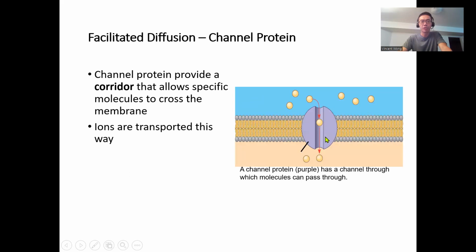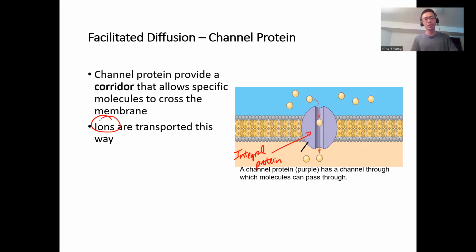Okay, we have what's called channel protein, and as you can tell, this is an integral protein, right? This is integral protein, and it creates a tunnel, a corridor for the material to pass through.